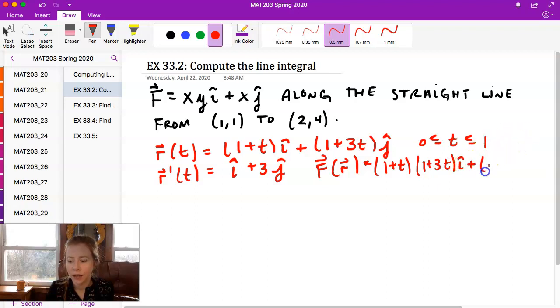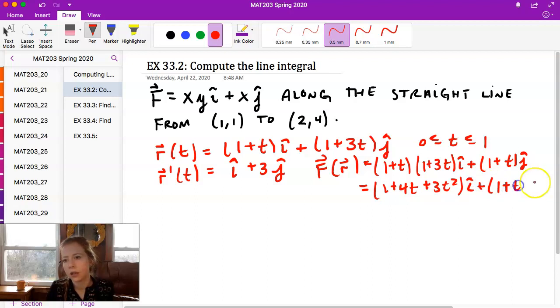And our j hat is going to be 1 plus t j hat. So let's just expand, or distribute. We have 1 plus 4t plus 3t squared i hat. And then we have our 1 plus t j hat.